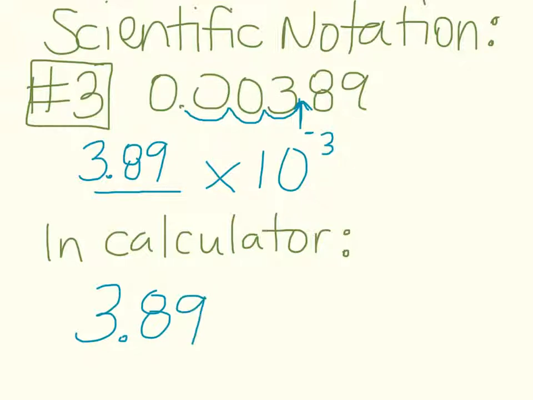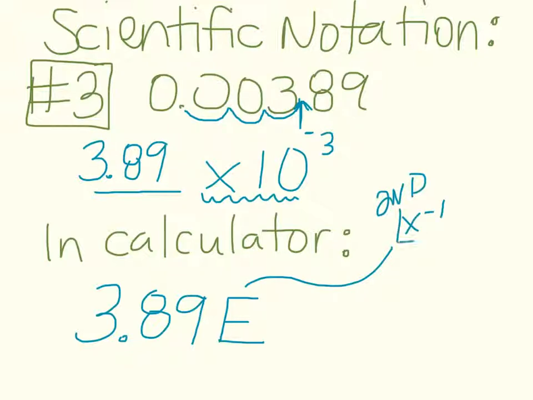And instead of typing in times 10, you're just going to replace that with the E. So recall that to get the E, you push second and then the button above the 7, which is x to the negative 1. That will get you the E, and all you have to do after that is type in the exponent. So the exponent is a negative 3.